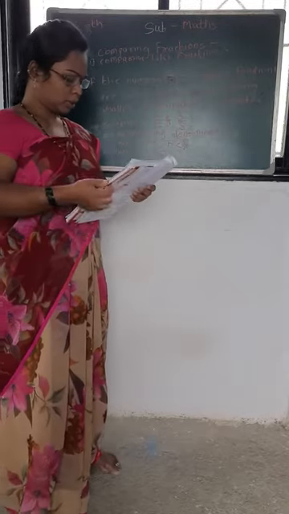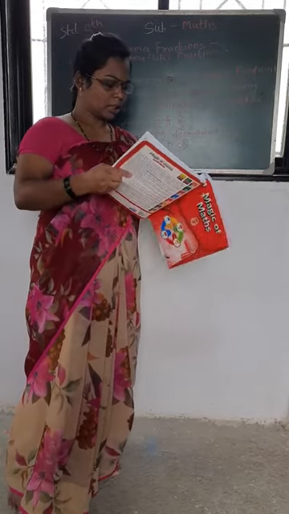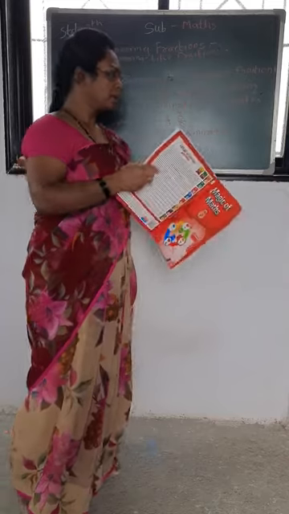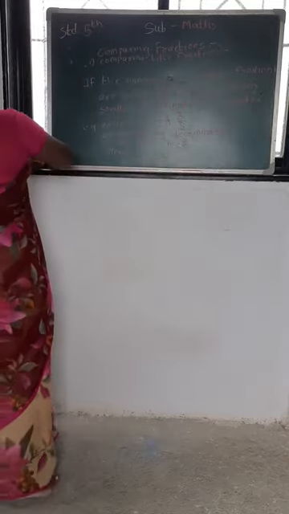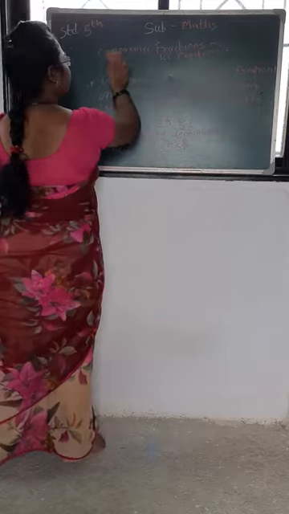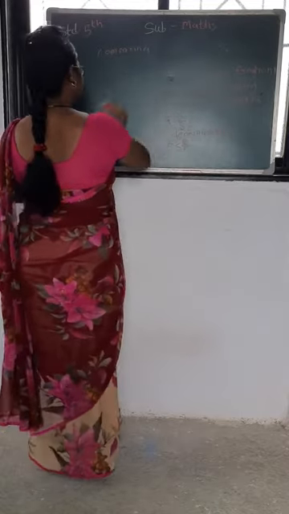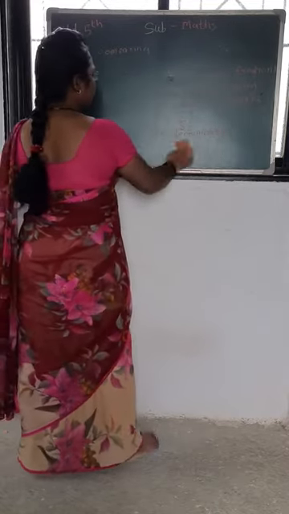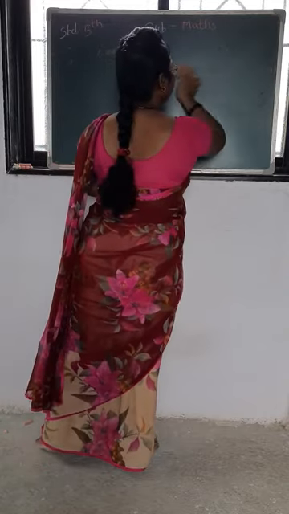Next one is comparing unlike fractions. Second point is comparing unlike fractions.